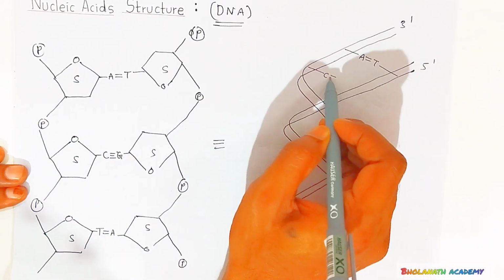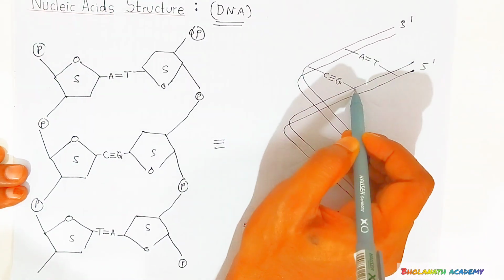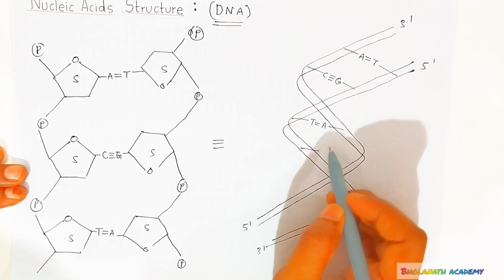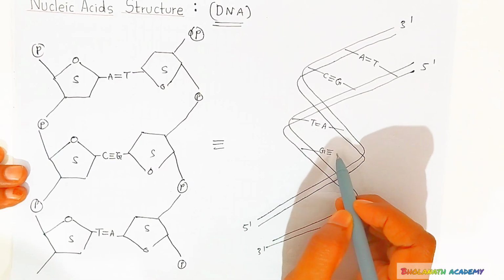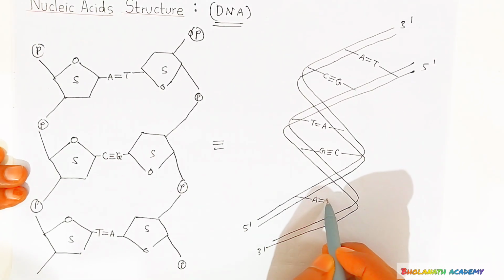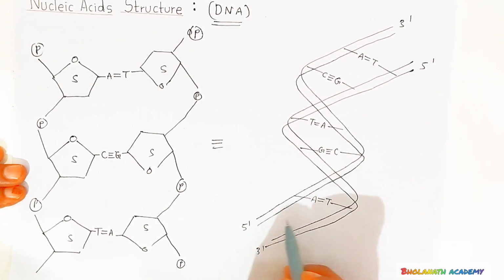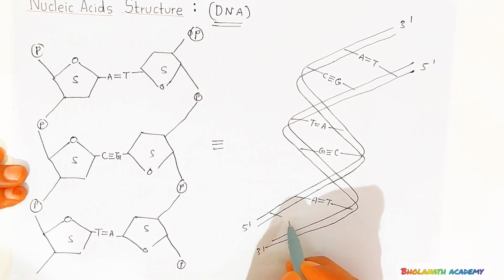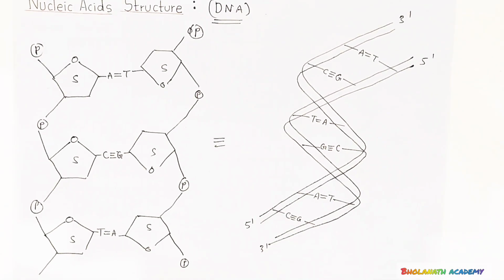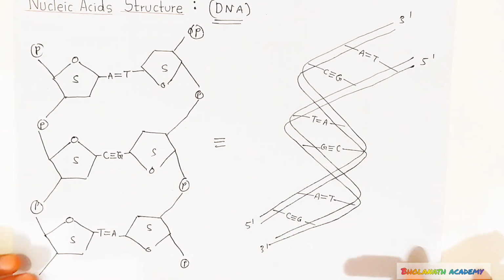Cytosine containing triple bond with guanine. This way you can draw the structure of DNA. Guanine containing triple hydrogen bonding with cytosine. Adenine combines with double hydrogen bonding, so that is why it is called a double helix structure. Understanding, students? So this is the nucleic acid structure, you can draw like this.